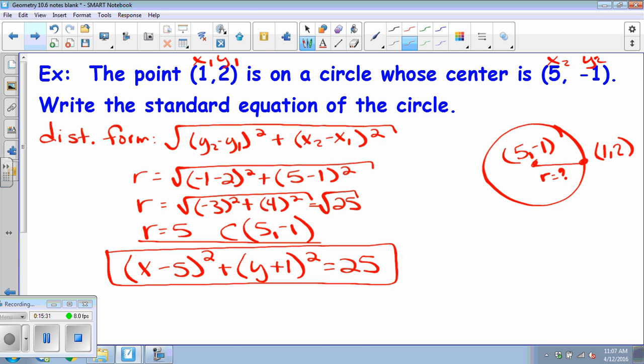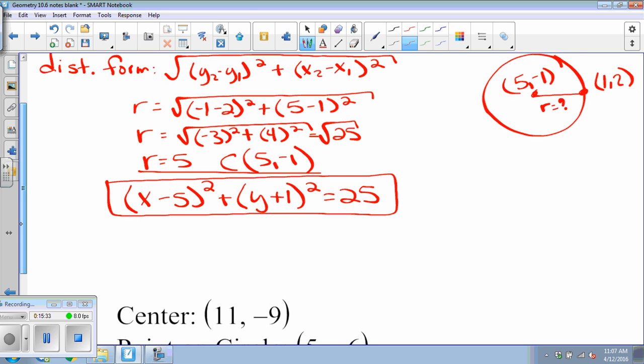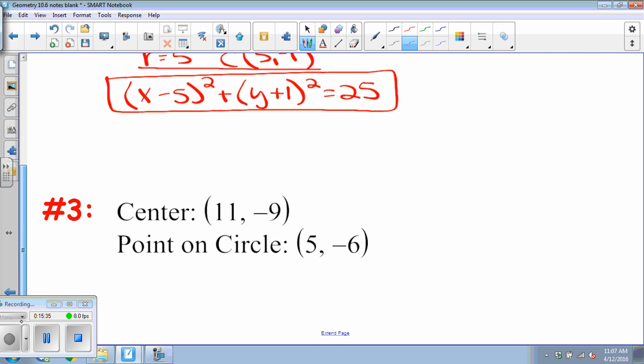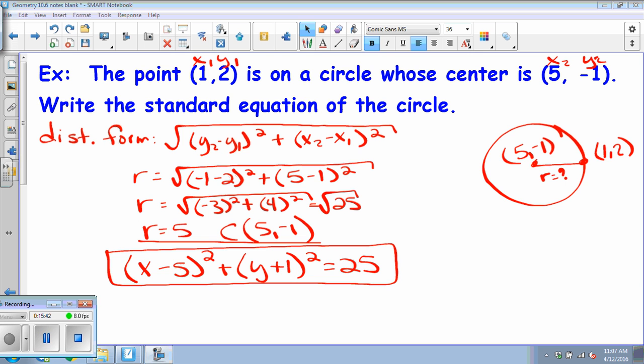Okay? Very smart. So, let's move this down. If you're going to do it this way, you can't use the center as your point to plug in. It has to be a point on the circle. Okay? Can't use the center.